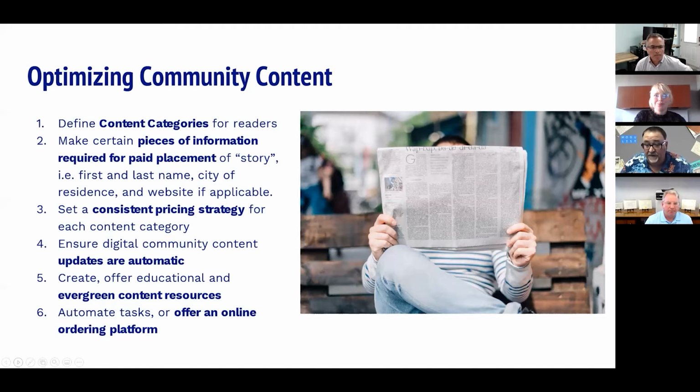We're also helping to ensure that your digital community content is updated automatically. So after orders are approved by our customer success team, we have integrated into your CMSs. And so you tell us what content you want going back up to your website, and it's going up there in almost real time.